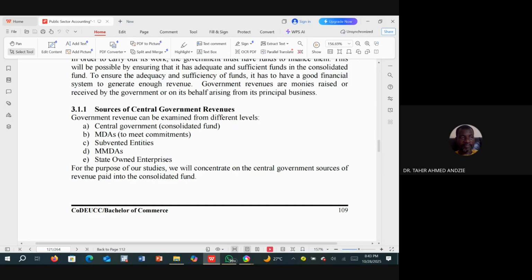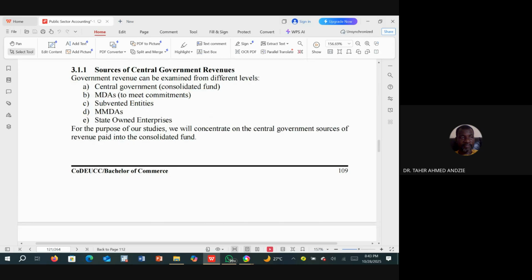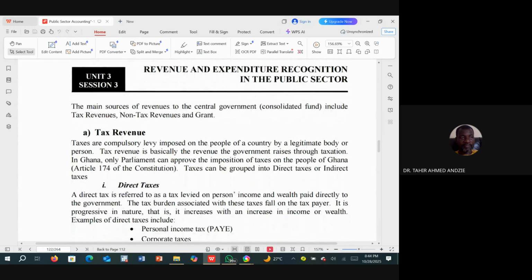Then we have some of the funds coming from the metropolitan, municipal, and district assemblies, and then the state-owned enterprises. For the purpose of our study, we will concentrate on the central government sources of revenue paid into the consolidated fund.